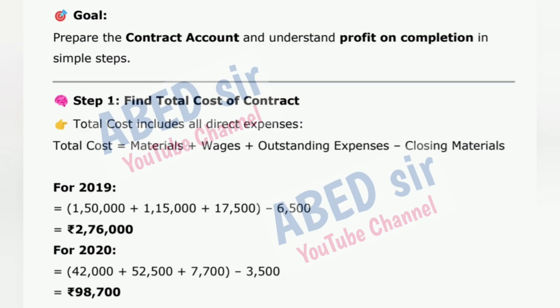For 2020 is equal to 42,000 plus 52,500 plus 7,700 minus 3,500, equal to 98,700 rupees.